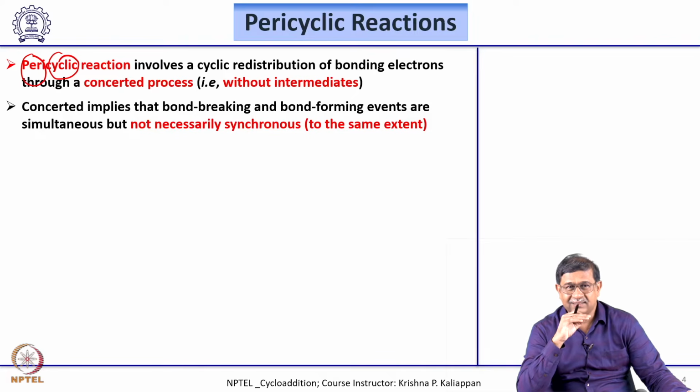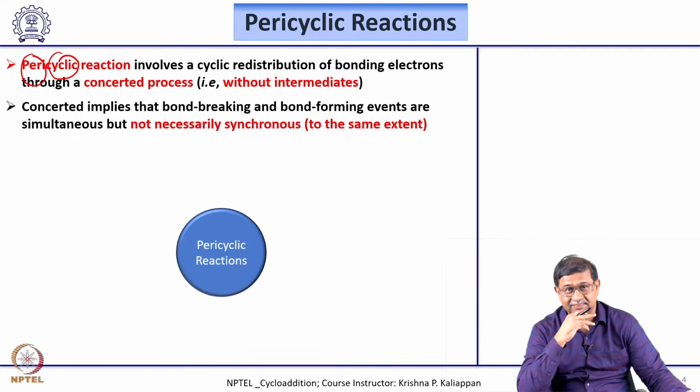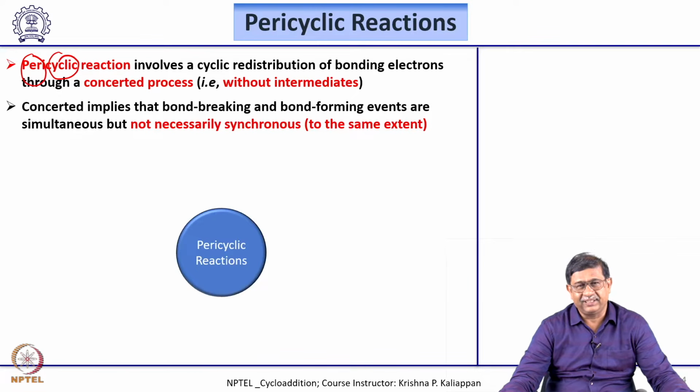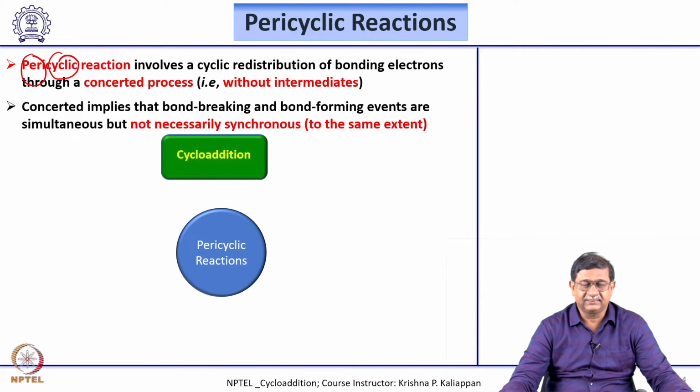When we talk about concerted process, it means the breaking and making of bonds happen simultaneously, but sometimes it need not be synchronous. This pericyclic reaction can be classified further into 5 types. One, the subject of the topic today, that is the cycloaddition reaction.